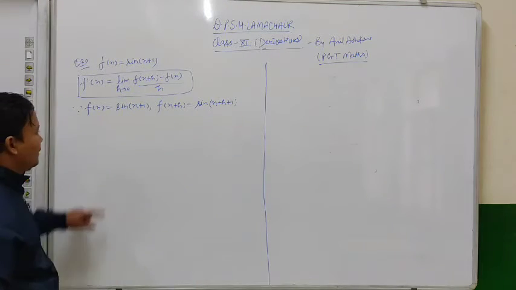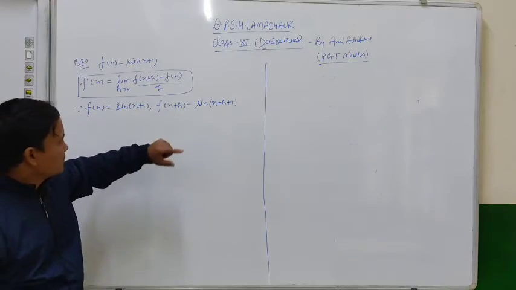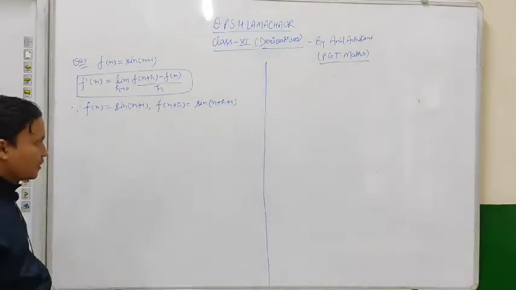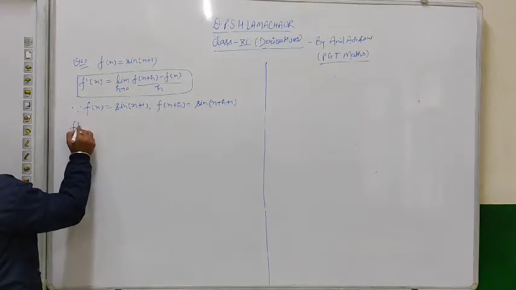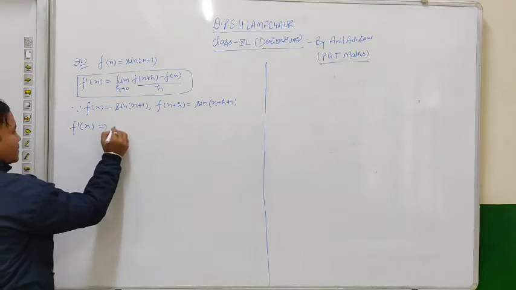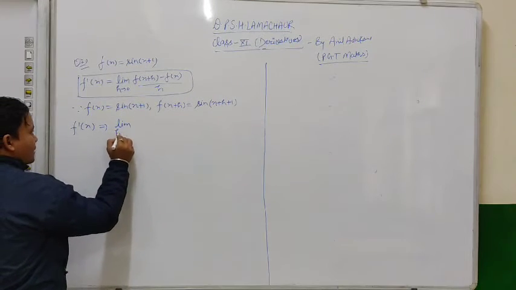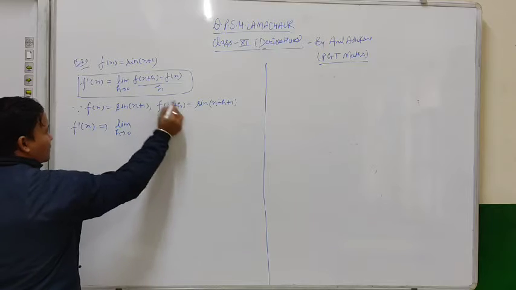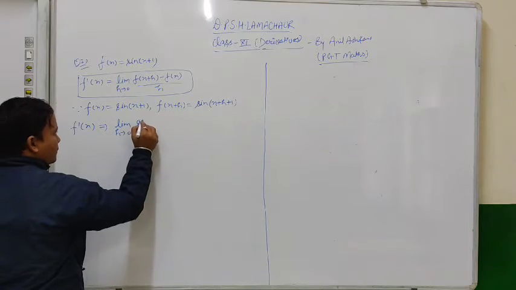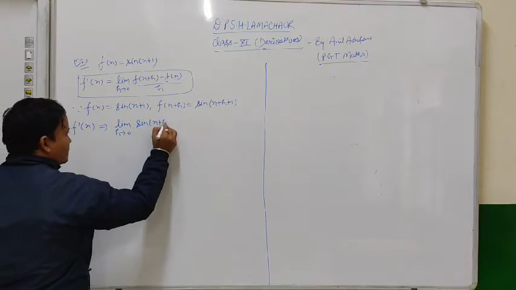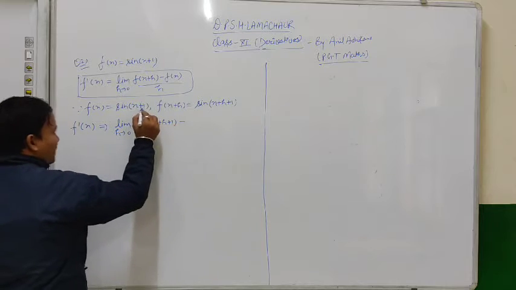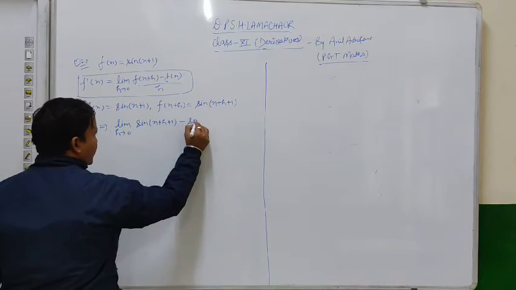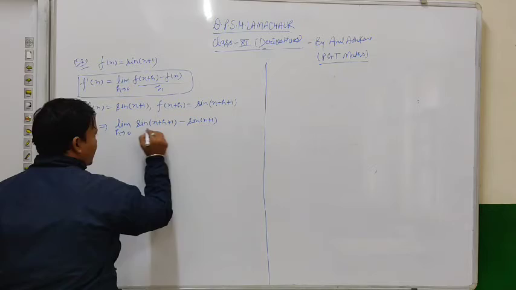Now substitute the value of f x and f of x plus h in the given formula. So we get the derivative of the given function is limit h tends to 0 of f of x plus h, that is sin x plus h plus 1, minus f of x, that is sin x plus 1, divided by h.